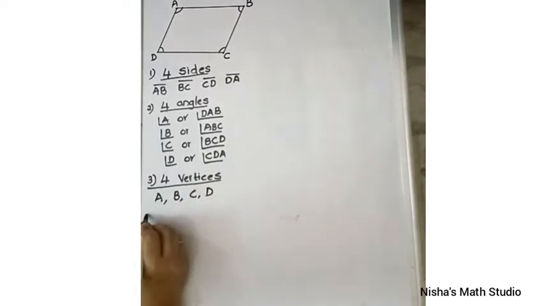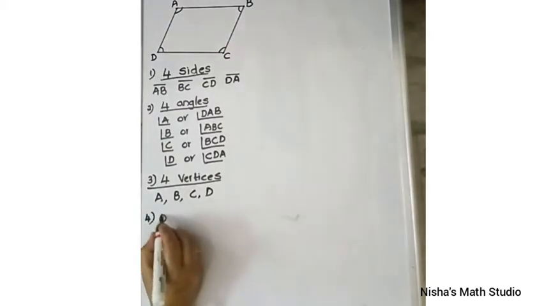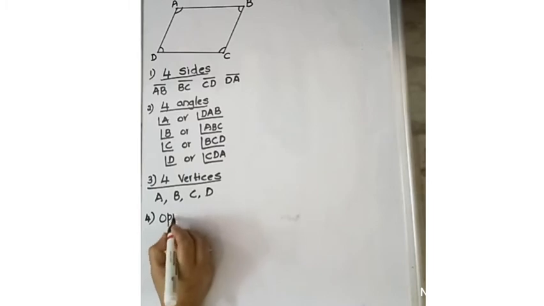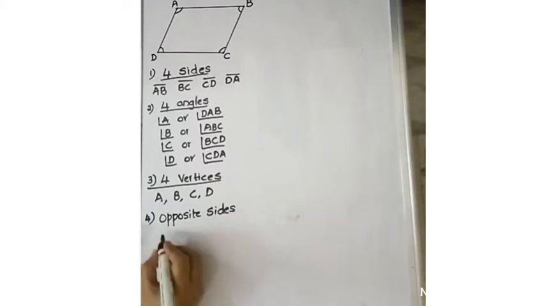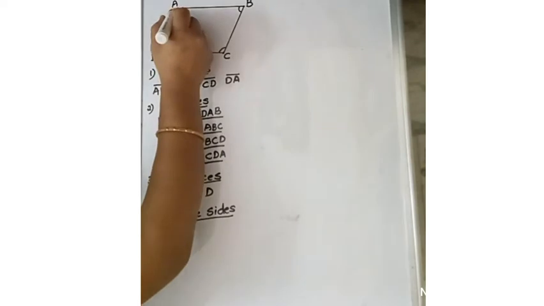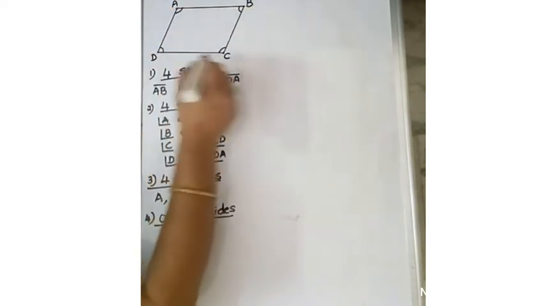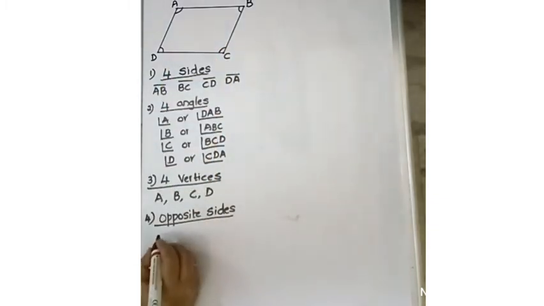Next we will see opposite sides. Opposite sides are the ones which do not have a common vertex. That is AB and DC is one pair of opposite sides.